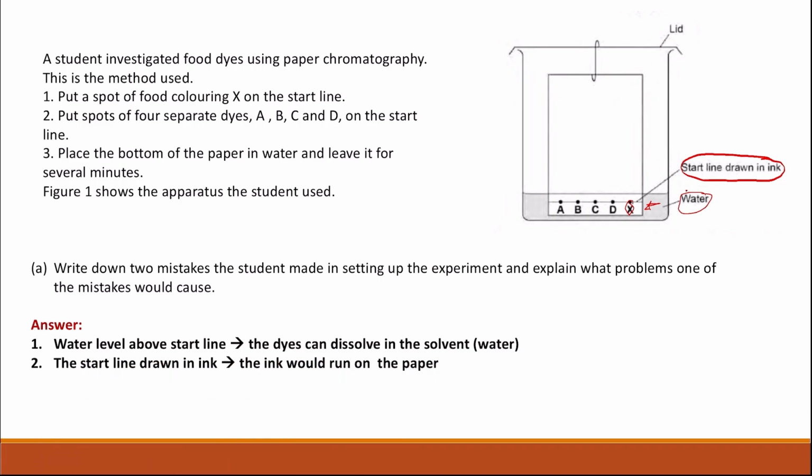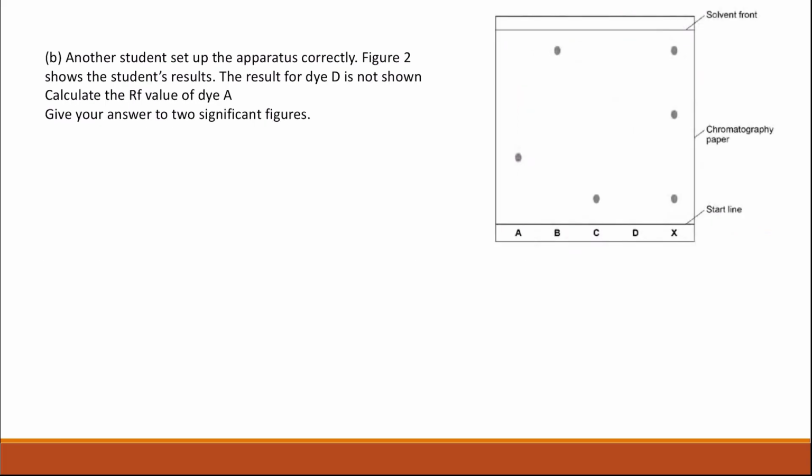The second problem is that the start line was drawn in ink, and the ink itself would dissolve and run on the paper. These are the two mistakes the student made.